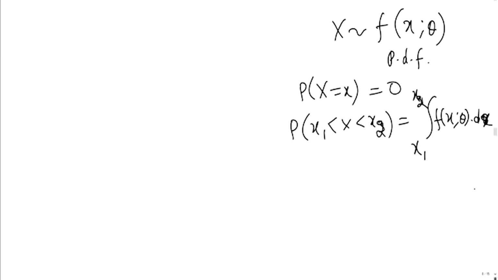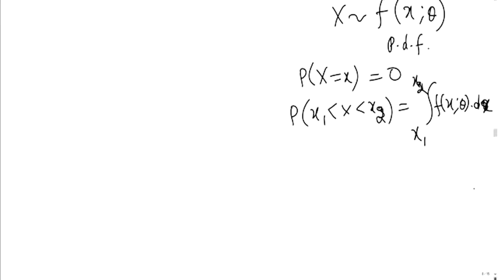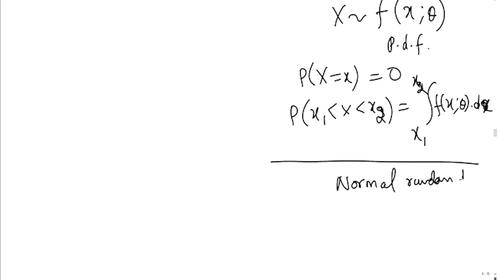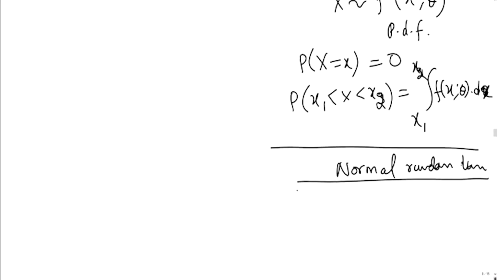You might have heard already about some of them. For example, one of them is a normal random variable, or a Gaussian random variable. Have you heard about the normal distribution? This is a case of a continuous random variable.